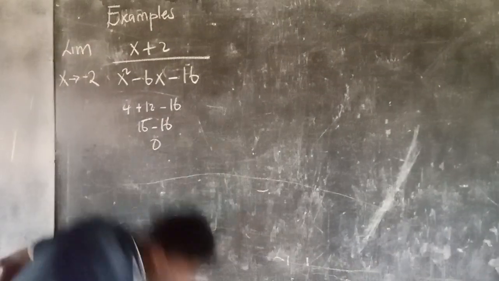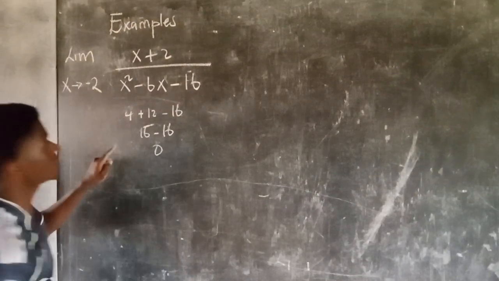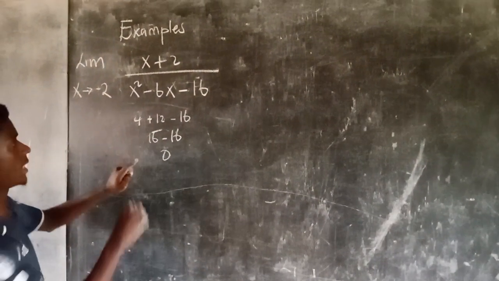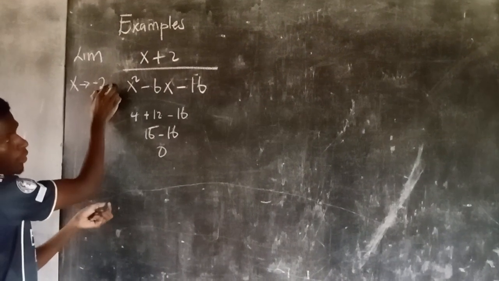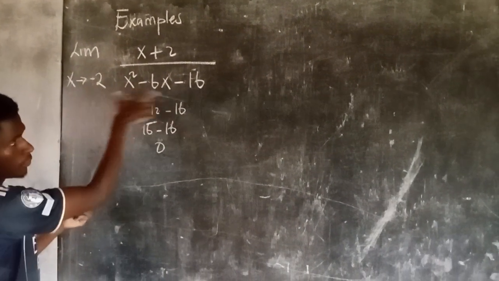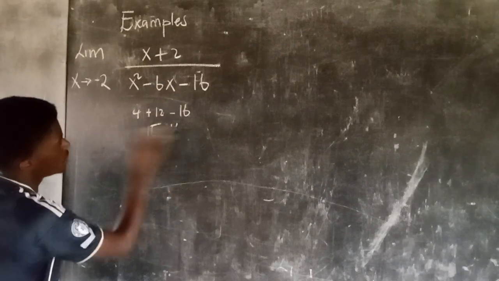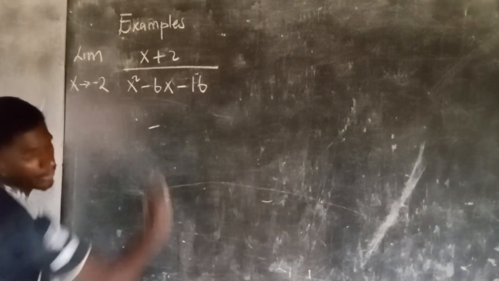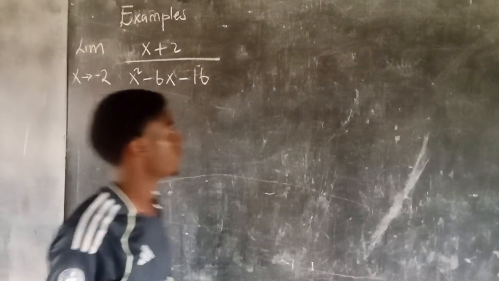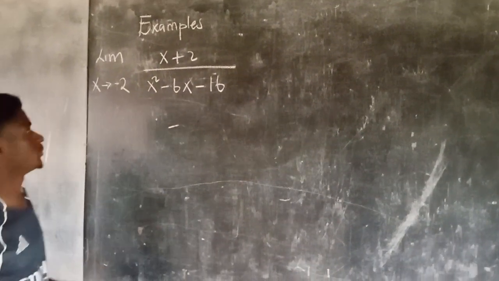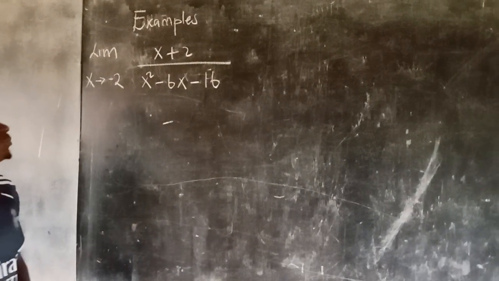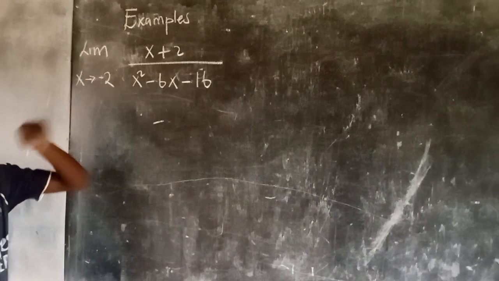So that means this function is undefined when you substitute your negative 2 there. So what do you do now? You manipulate the function now before direct substitution. So how do you go about manipulating these types of functions?